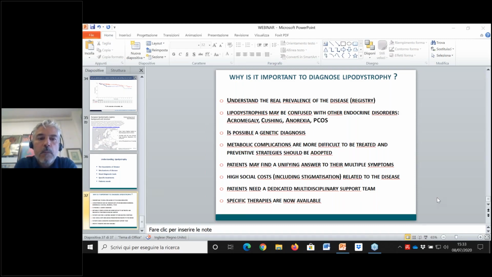Usually, the efficacy is reduced compared to the response of patients with generalized forms, but there is no doubt that many patients can take advantage of the treatment.